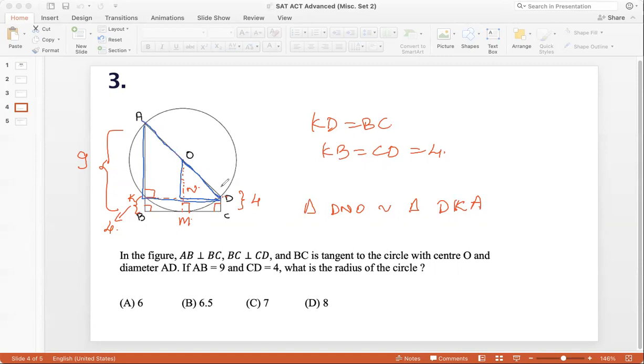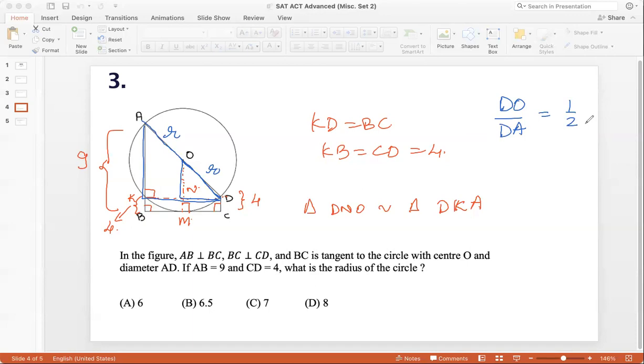right? Now, you can see that OD is R and this OA is also R, the radius of the circle. So DO by DA would be 1 by 2 by the property that it would be R by 2R.